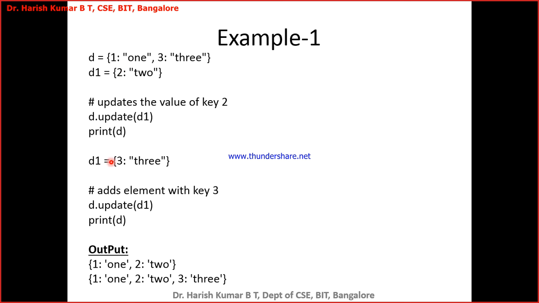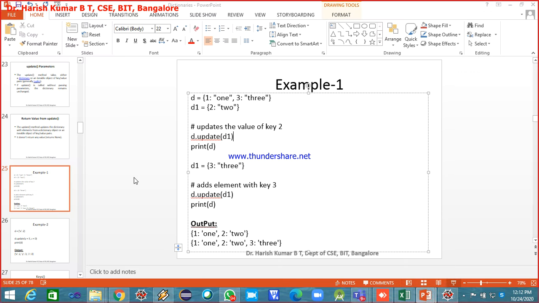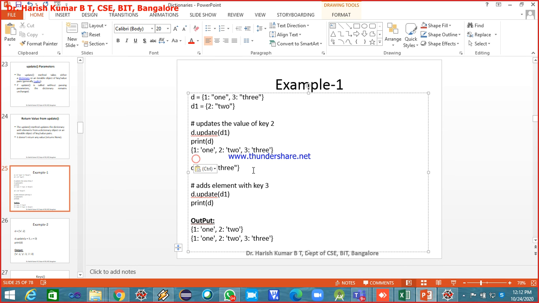It gets updated, but I think I've made a mistake here. So print D, when I say, this is what it prints. When I say print D1, print the other dictionary, it should print me the same thing.